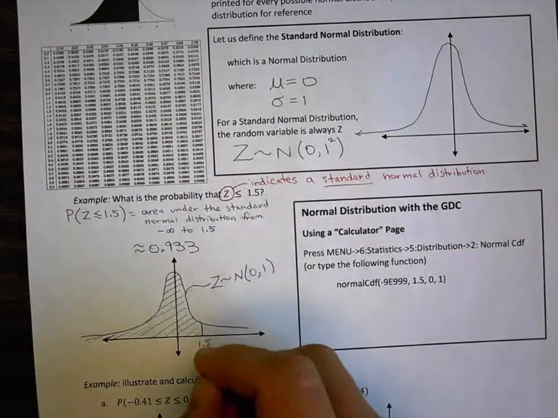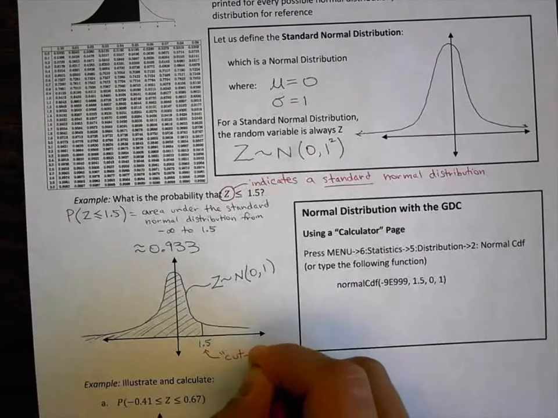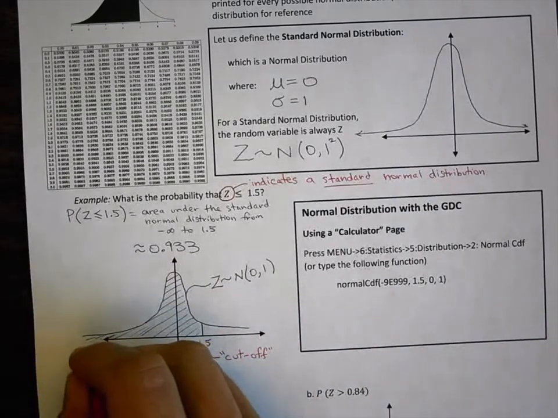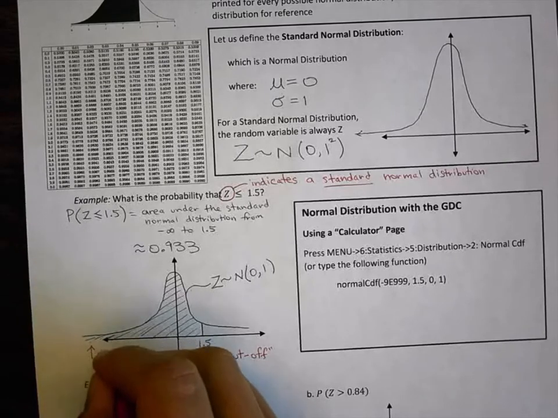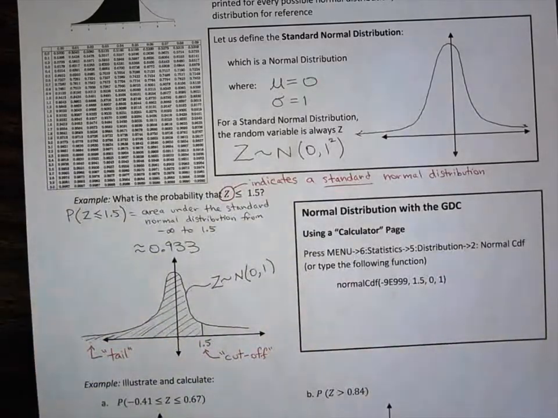This 1.5, this is frequently called the cutoff. And this side over here is called the tail often. Just some terminology.